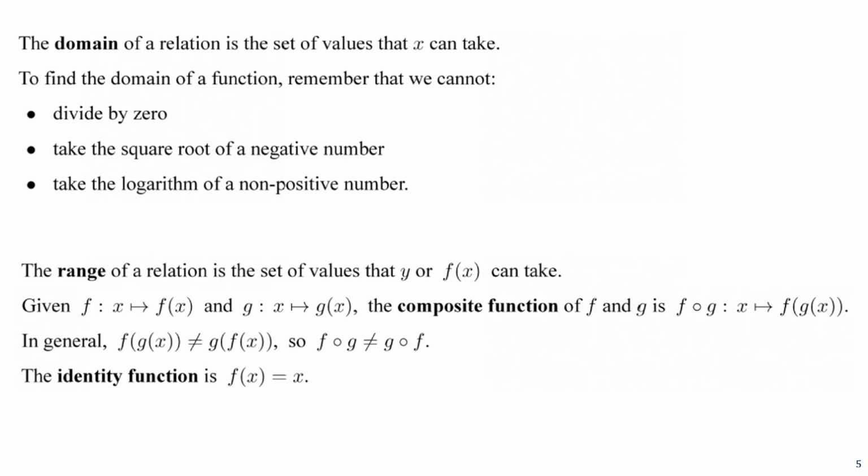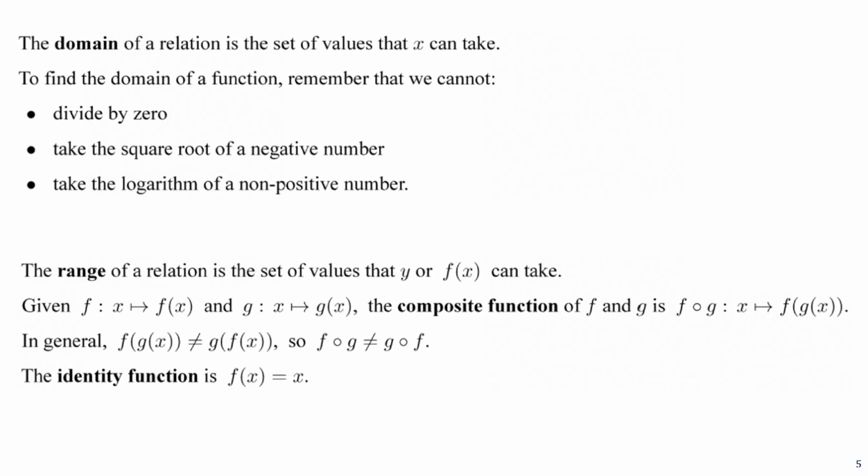Or sometimes you might also want to consider the constraints from the real world, right? For example, if you have a variable that denotes the length of a room, then that variable cannot be a negative number, right? So sometimes the constraints also come from the real world.